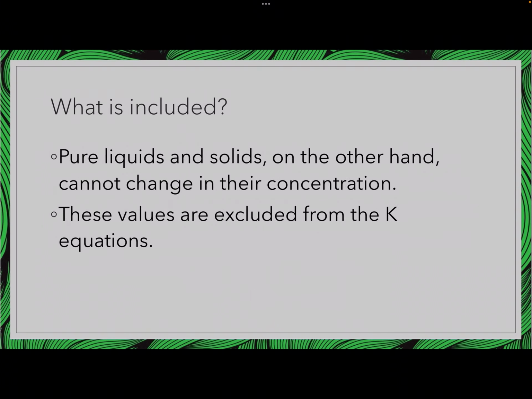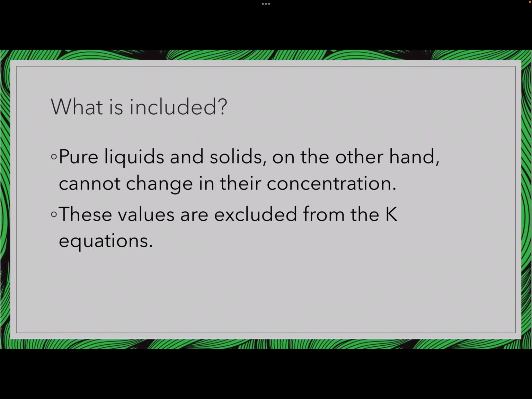Things that aren't included are pure liquids and solids that cannot change in their concentration. For example, if we are doing a reaction that involves water, but we're doing it in the solvent water, we're not going to include the water in our K equation, because the concentration of that doesn't really change, as it's mostly water.